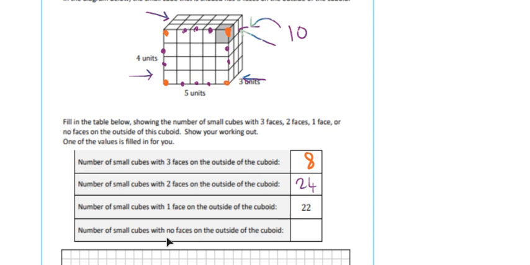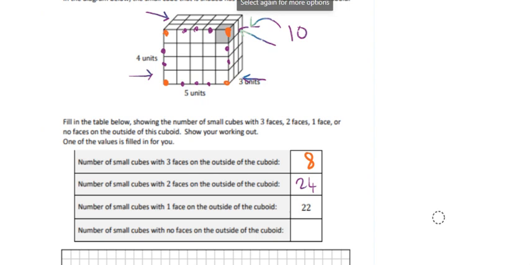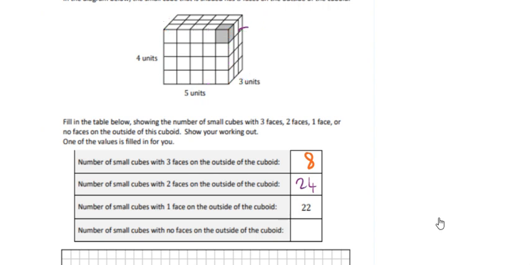The number of small cubes with no faces on the outside of the cube. So let me get rid of all that for a second. No faces outside, so you can't have anything in the outside layer.